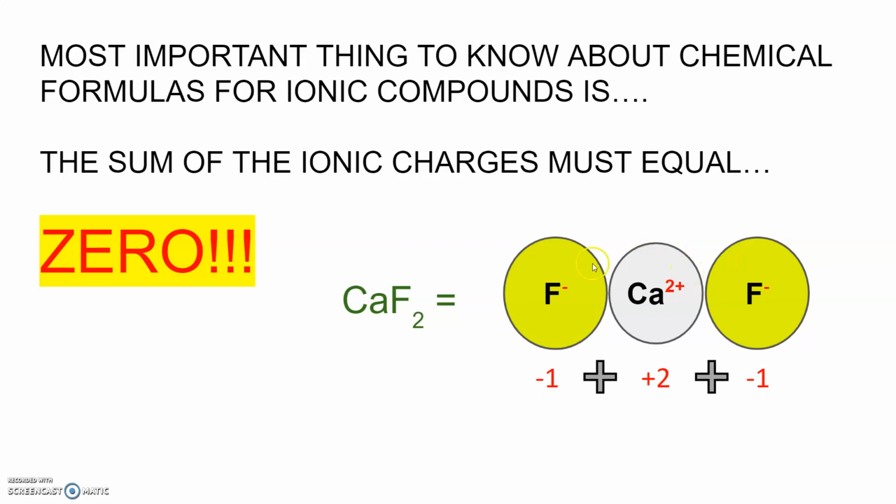If you add up all of those charges, -1, add it to the +2, add it to the -1, the overall charge is 0. And that's super important for an ionic compound. If the overall charge does not equal 0, there's something wrong with your formula, or it's not an ionic compound.